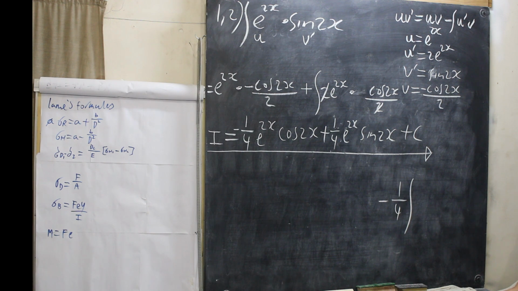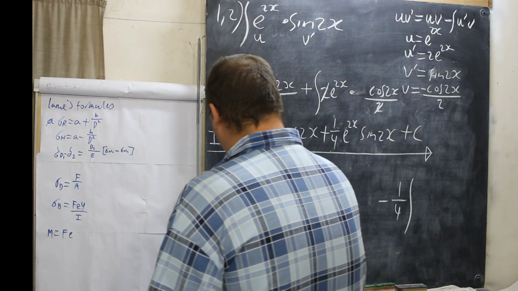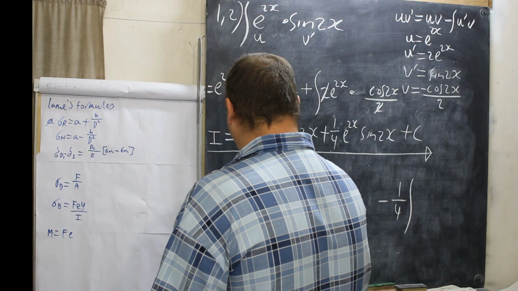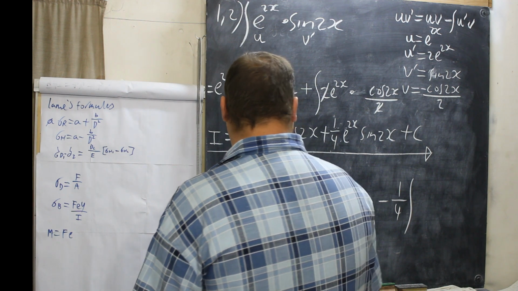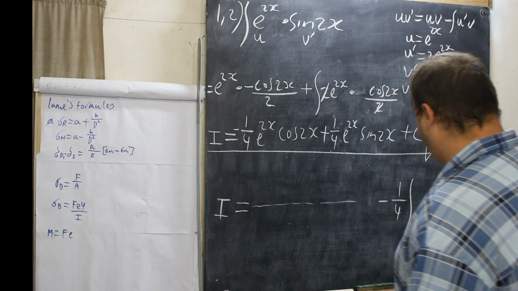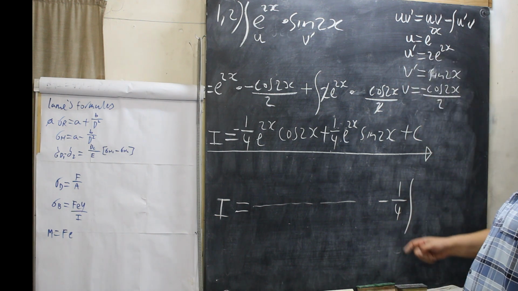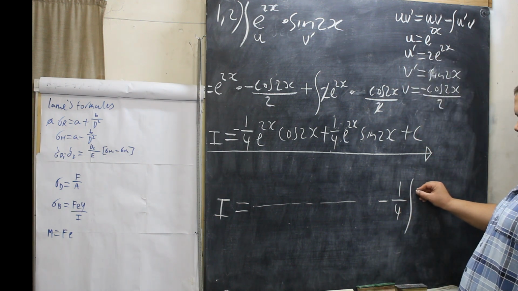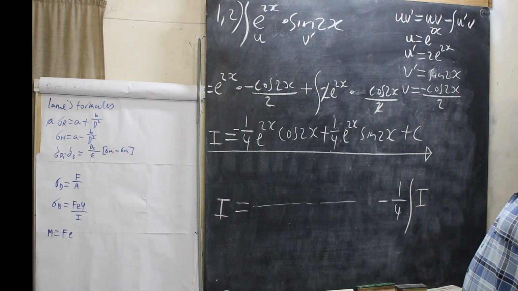So it would be 4 over 4 plus 1, so that's 5 over 4 I. So if this was I, the whole sum, and that was 1 over 4. So it's 1 over 4 I.